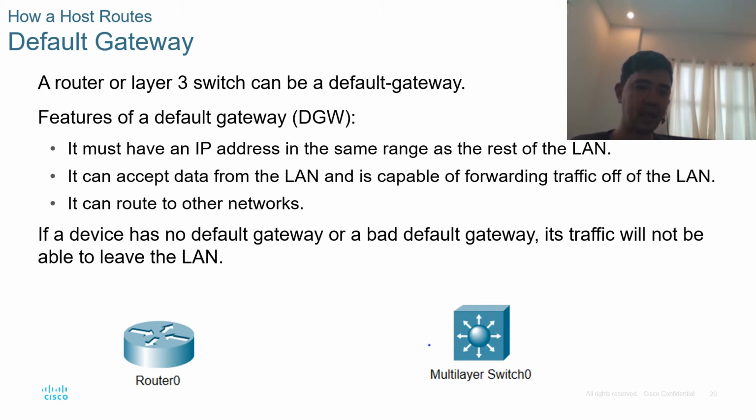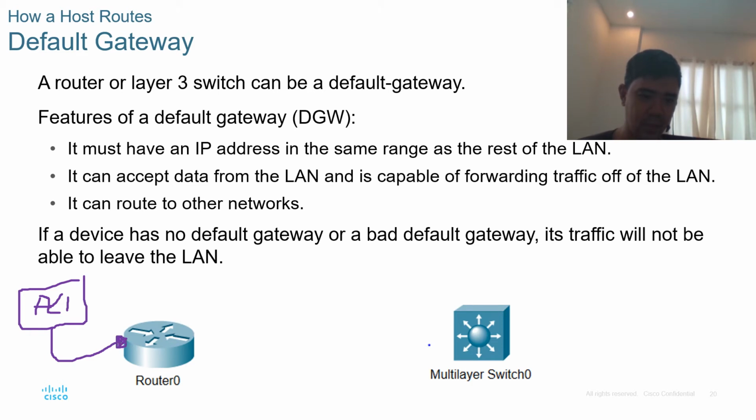If you are to set up a default gateway in our computer, for example this one, PC1, we've learned during our previous discussion that the default gateway of PC1 is the router to which PC1 is connected. Specifically, the IP address of its LAN interface.